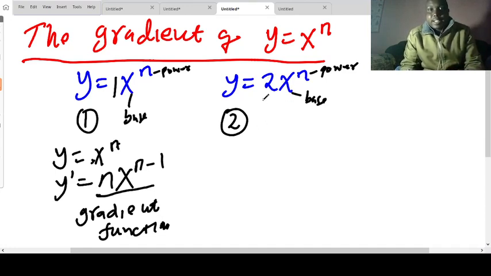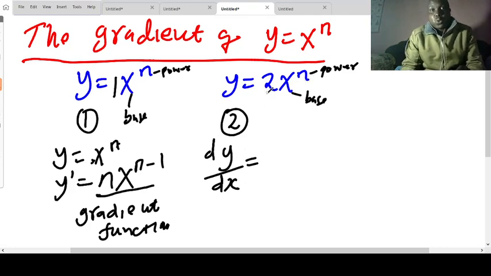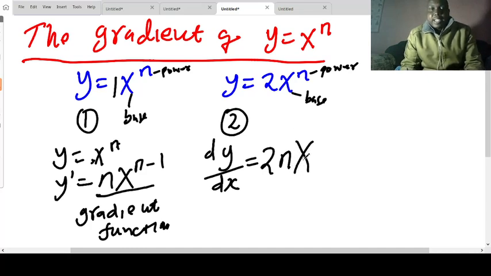Next, case 2, we have dy over dx, that is the gradient function, which is equal to now, the power here is n, and the coefficient is 2. So the power multiplied with the coefficient will be 2n, and then the base x, you multiply with the base x, which is now raised to power n minus 1.